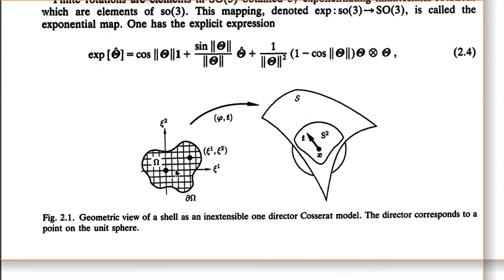So basically, following this exponential map, any vector which is in this Euclidean space can be represented as a director vector in this directed continuum shell surface.